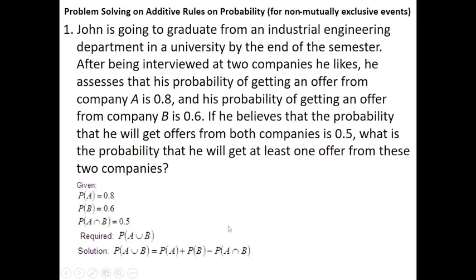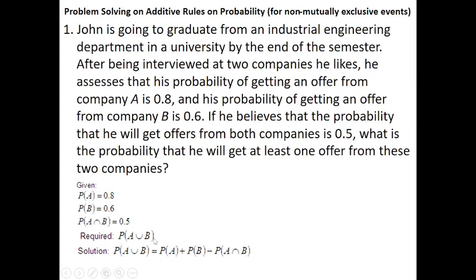If both events have common outcomes, so in this case, the probability A union B, which is what we are going to determine, is equal to the probability of A plus probability of B minus probability A intersection B. So this is the formula.